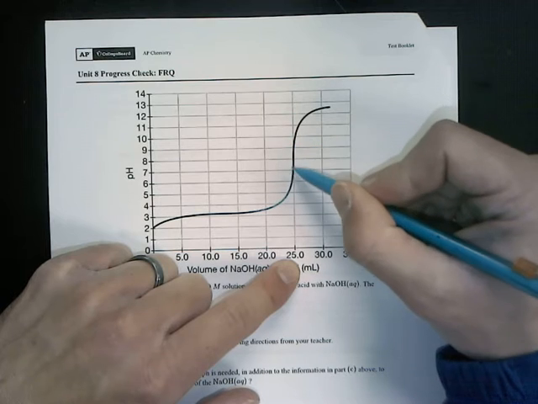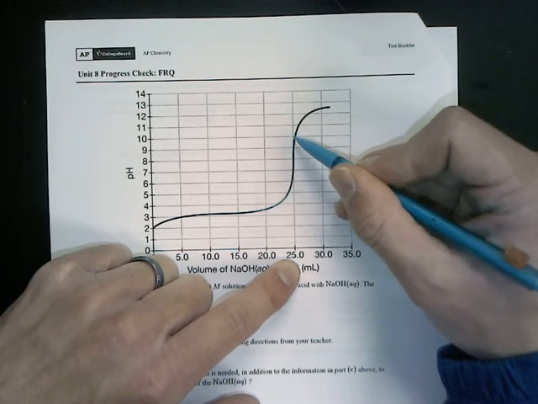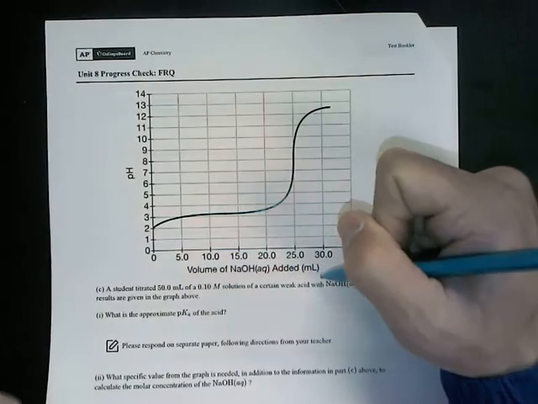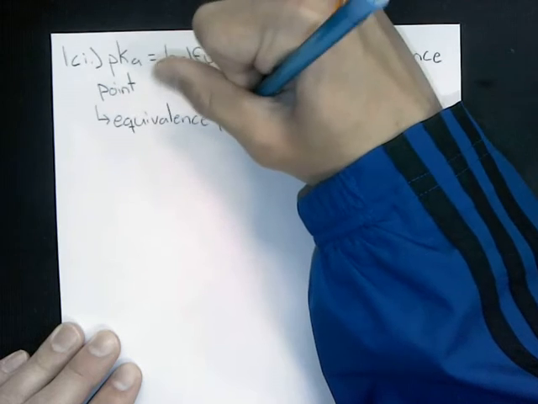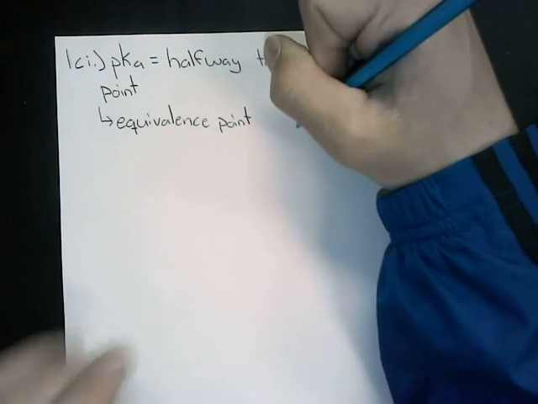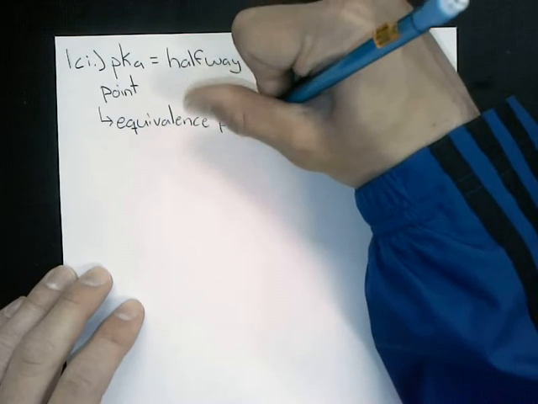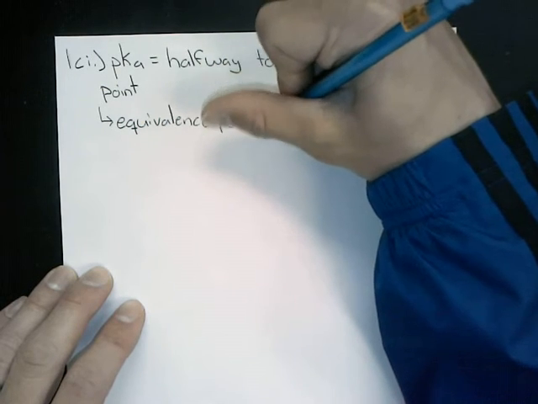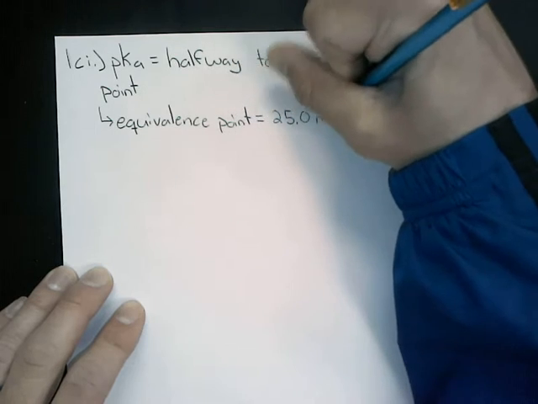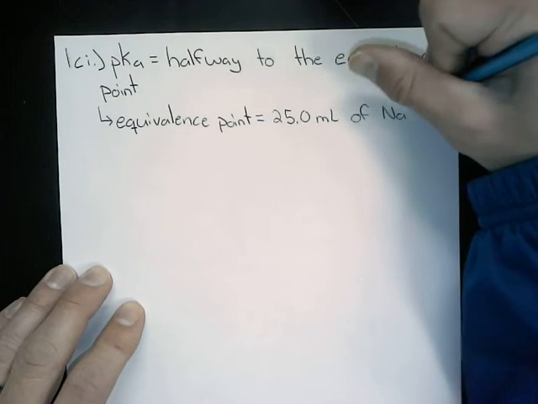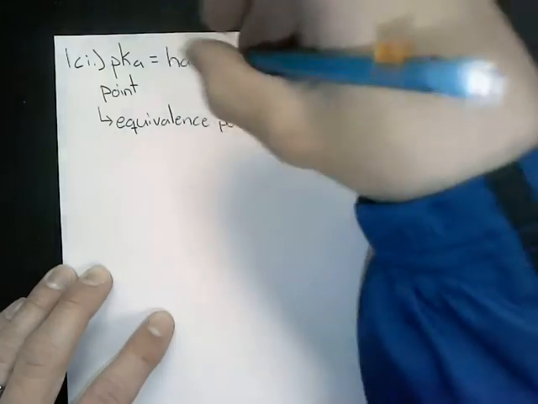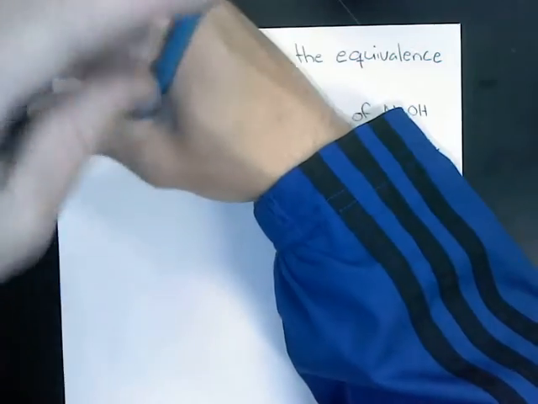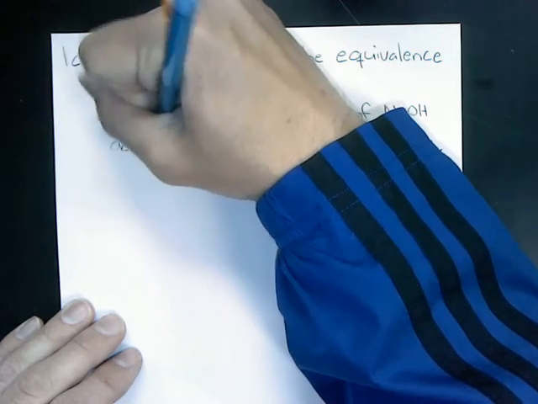Everyone see that? We have our line that shows the dramatic pH change, and it's right here at 25 milliliters. So again, our equivalence point is when we have 25 milliliters of our base added. Now we need to take that statement that I just wrote up above, and we need to think about this.